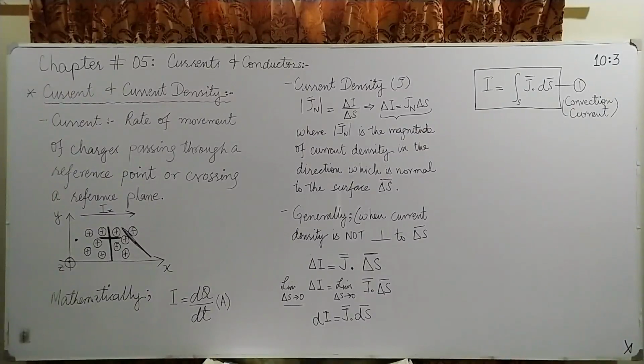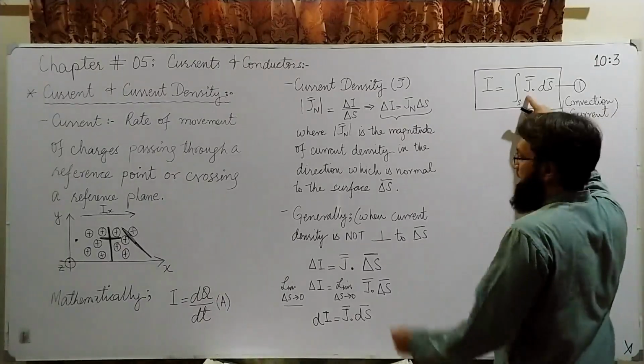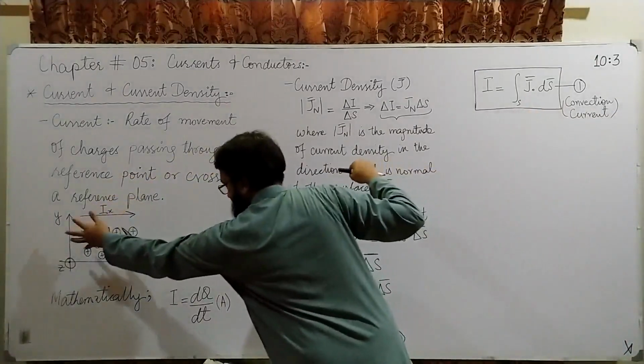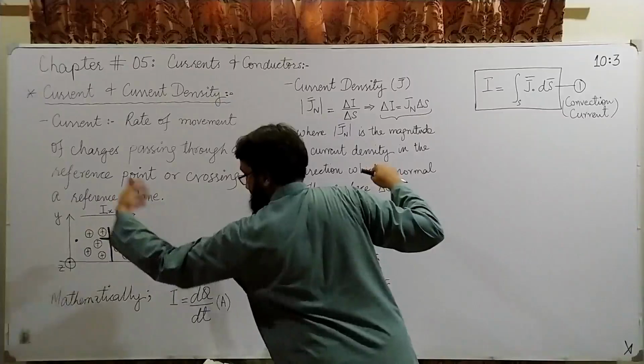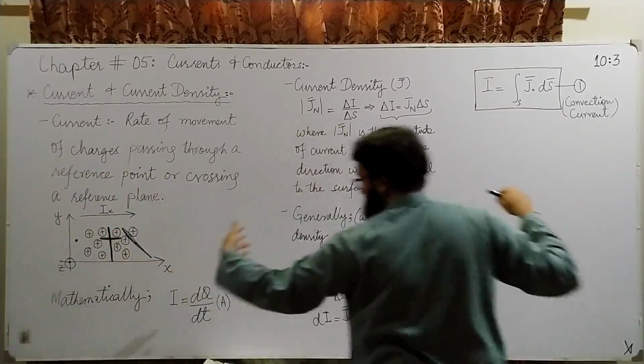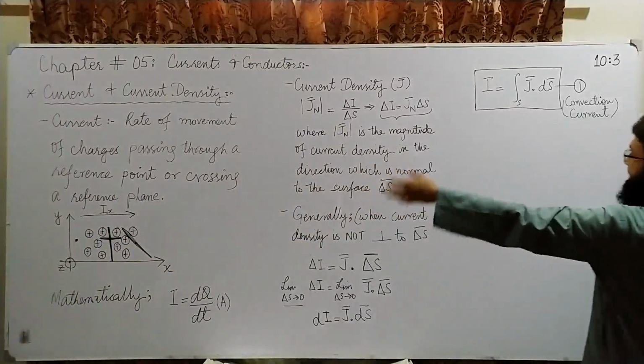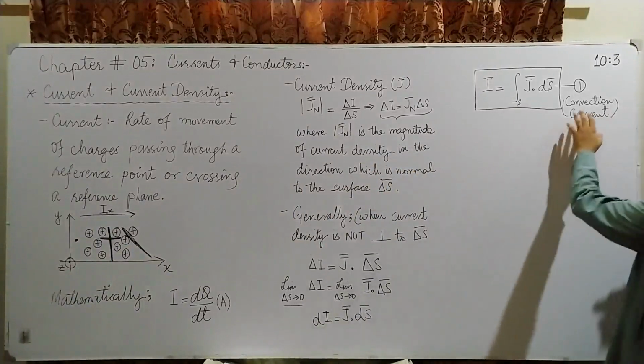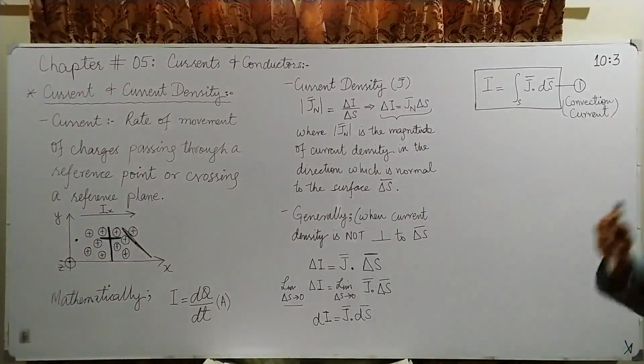In this equation, I is the current measured in amperes, and it equals the surface integral of J dot dS. Since this J is defined for the scenario in which charges are moving, that particular current is known as convection current.